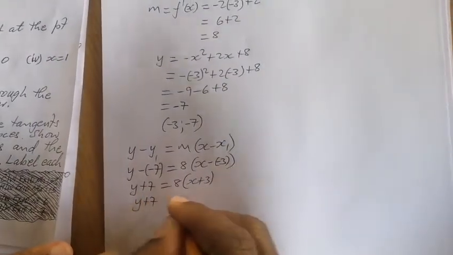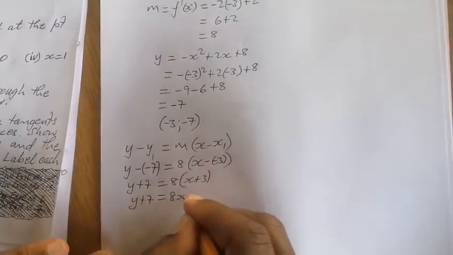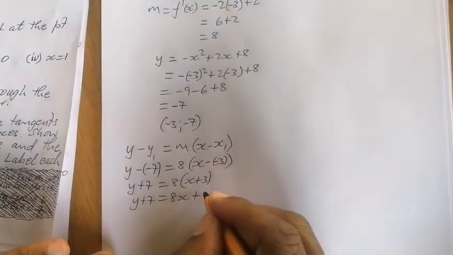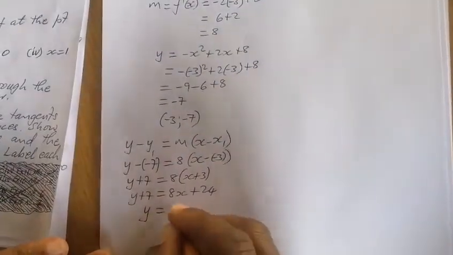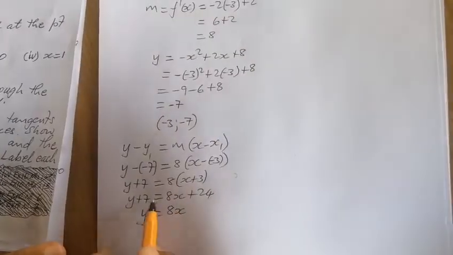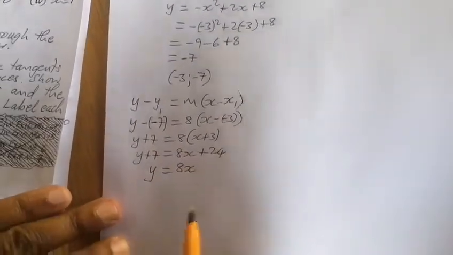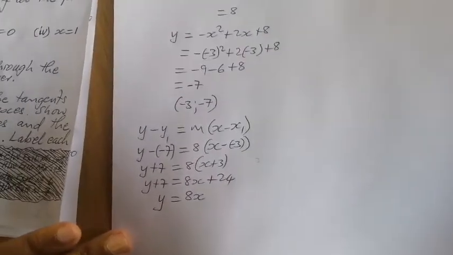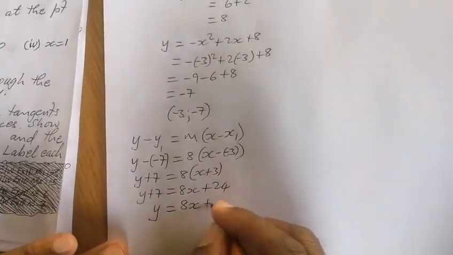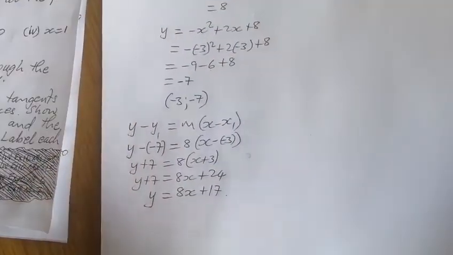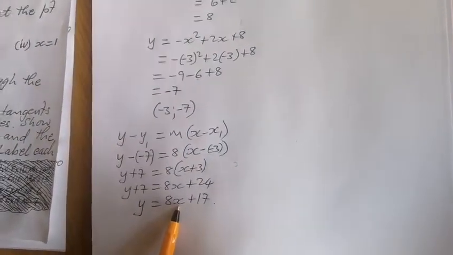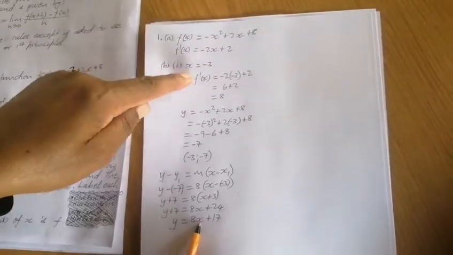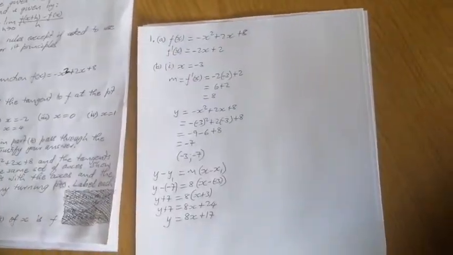Y plus 7 will then give us 8x plus 24. Now our y therefore will be equal to 8x plus 24 minus 7, that's 17, so plus 17. This is the equation of the tangent to this function f at the point x is minus 3.